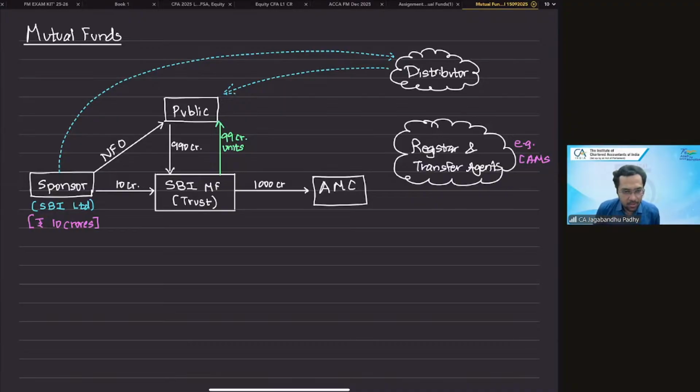Then once the securities are bought, those securities also need to be held or be in the possession of someone, right? So that is going to be the custodian of securities.